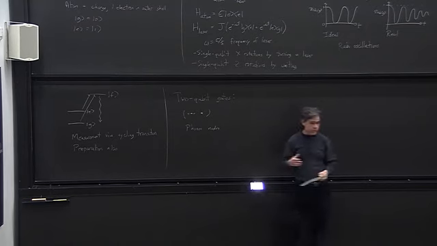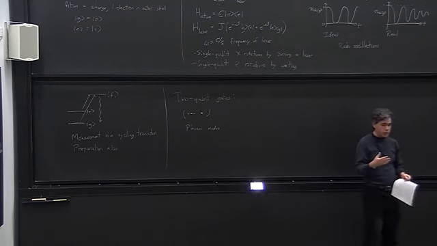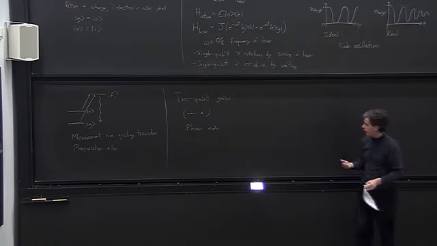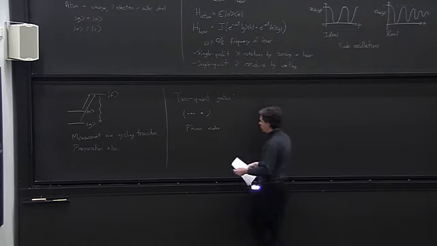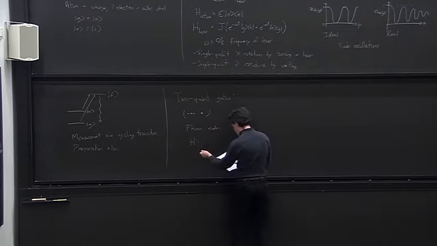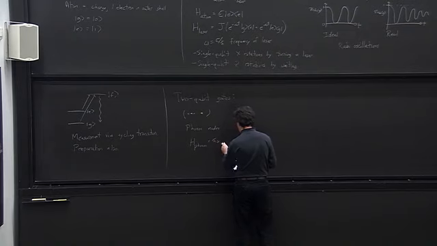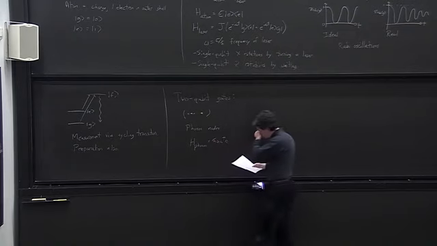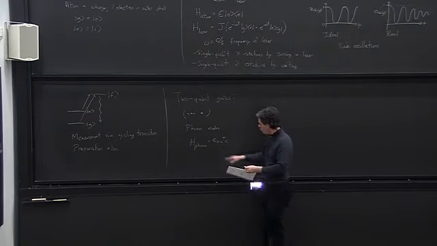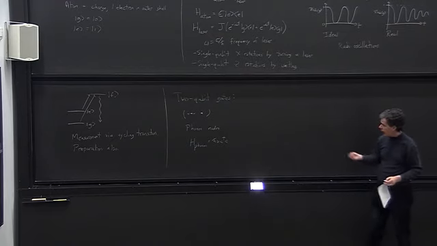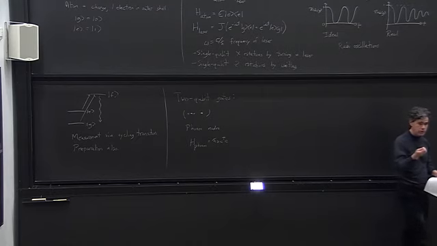So at least at low amounts of oscillation, we can think of this as a harmonic oscillator. And the Hamiltonian of that phonon is then h bar nu a dagger a. So nu is the frequency of the oscillation, and a and a dagger are the creation and annihilation operators for the harmonic oscillator.